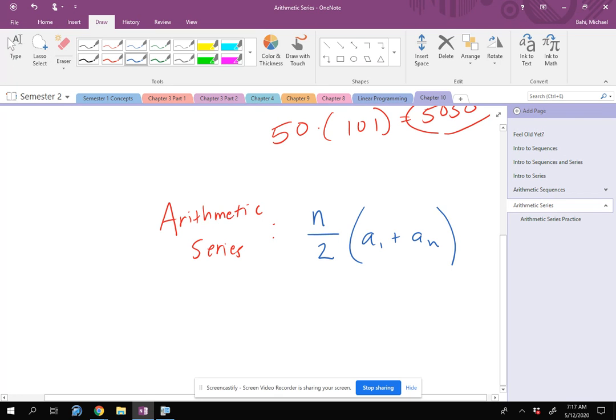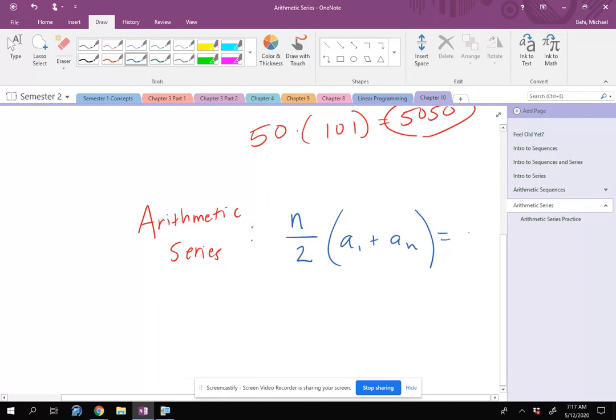So this is the formula. This is where they get it. By the way, this would equal s sub n. And again, this is only for arithmetic series, only for linear patterns.